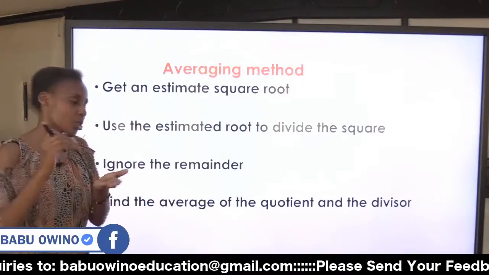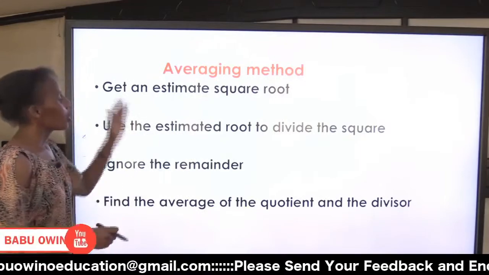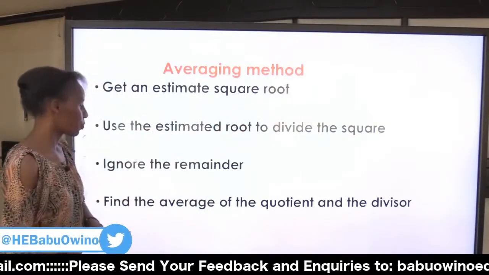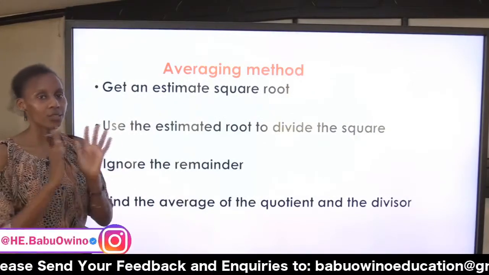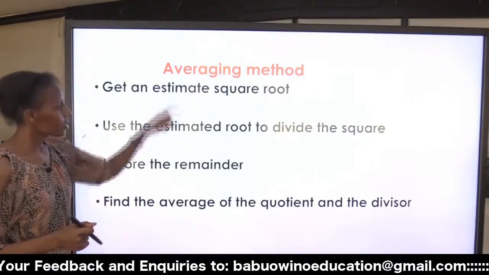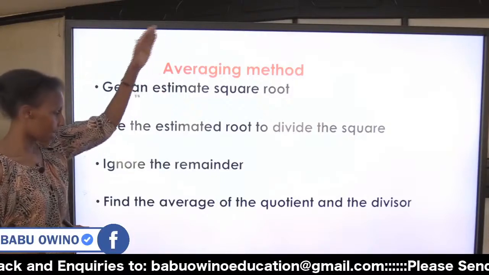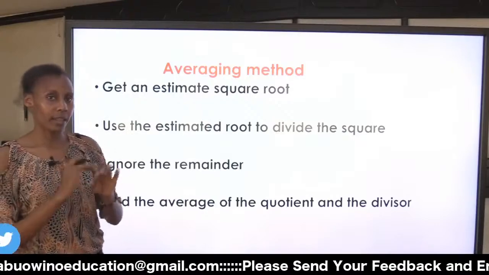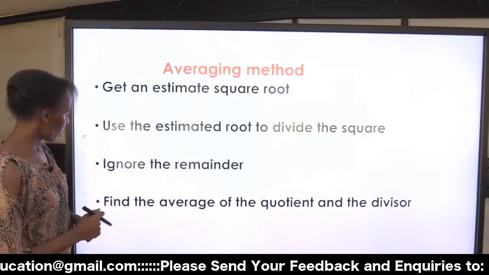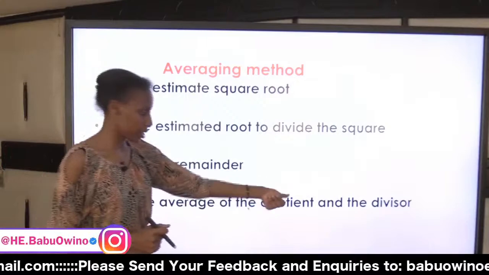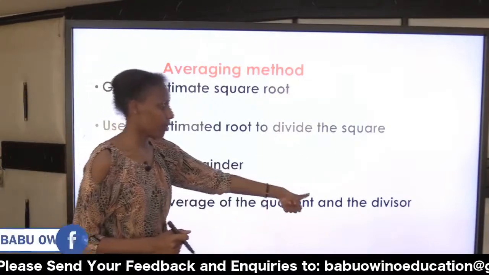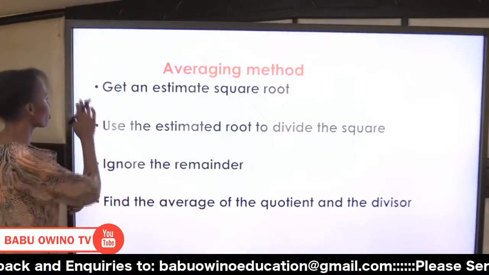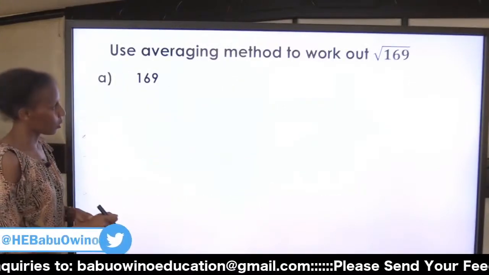That estimation you have made, you divide the number, the square, with it. If there is a remainder, just ignore it. Then take the answer plus the estimate that you had made, you add, and then you divide by 2. So I'm going to find the average of the quotient, that is the answer, and the divisor, the one you estimated. When you get the average of the 2, you'll be able to find the square root.